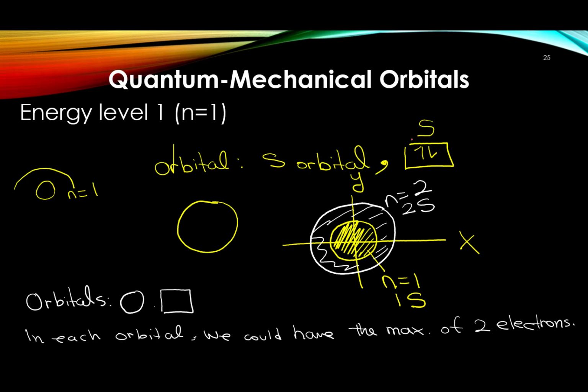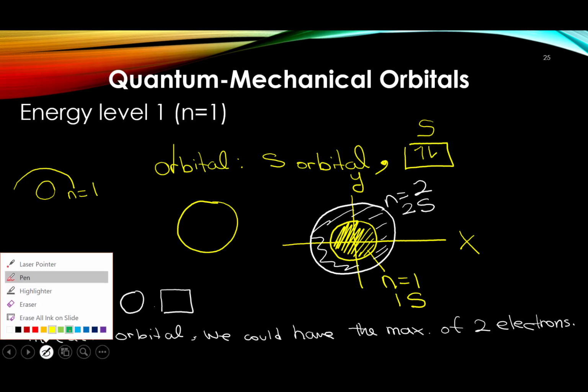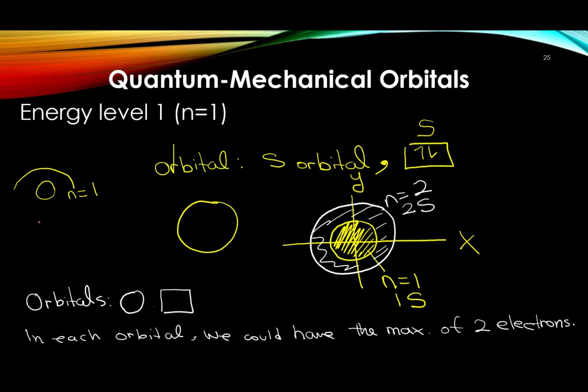Now that we're talking about energy level 1, in energy level 1 we have 1s2. Let me write it here, and change the color so that it does not get confused. In energy level 1 we only have 1s2. That 1 is the energy level, that s is the orbital that exists in energy level 1, and that 2 is the number of electrons.